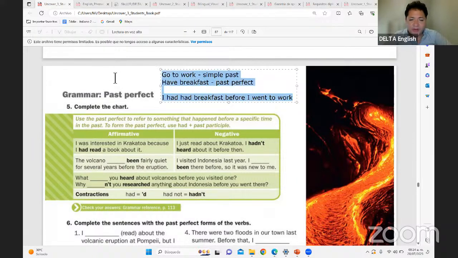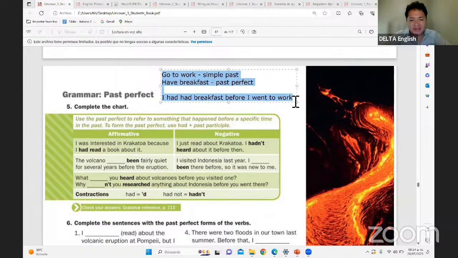So, as I told you, past perfect is just another kind of past. It's like you have something in the past, but you have another thing that is older than you did it before. Entonces, es algo que haces antes de otro antes, right?